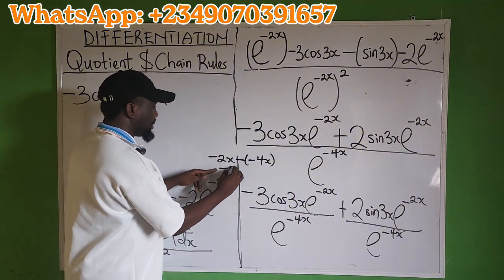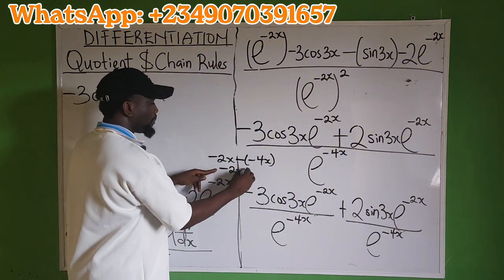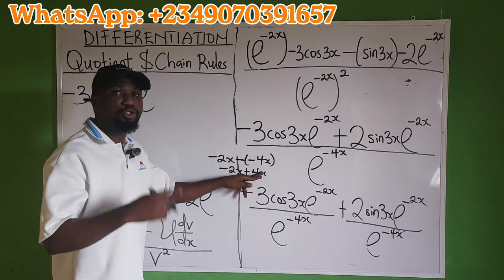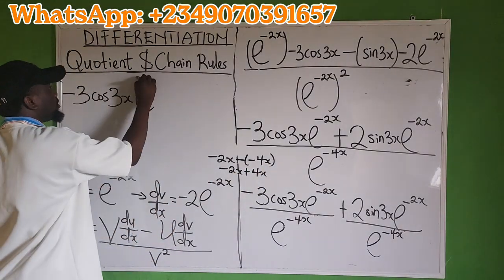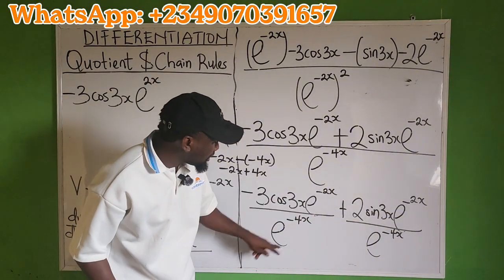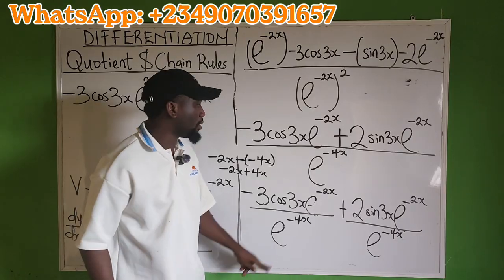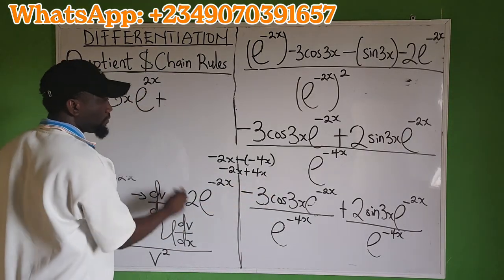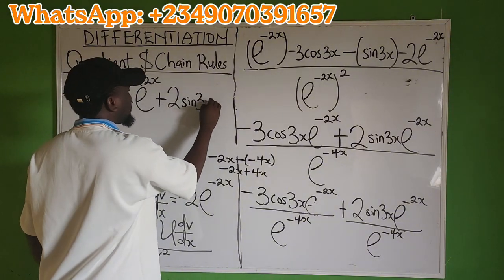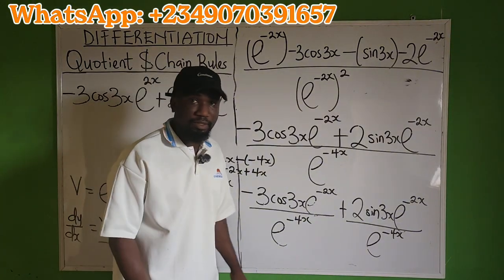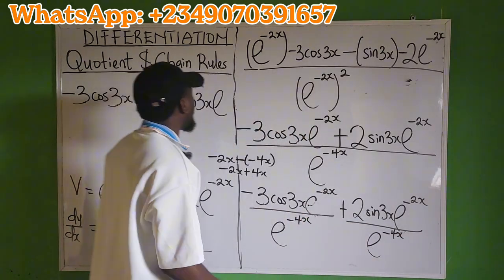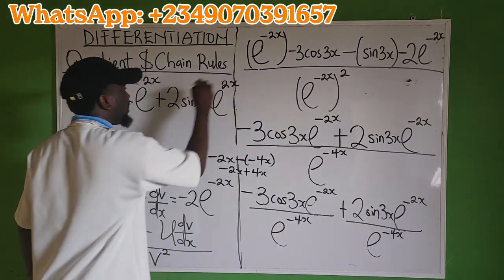This will give us negative 2x, minus the exponent, that's plus 4x. And minus 2x plus 4x will give us 2x. So this now is going to give us 2x. So I've been able to deal with this exponential. Alright, for the next one, we have plus 2 sine 3x exponential. It's still the same thing: negative 2x minus negative 4x will also give us 2x.